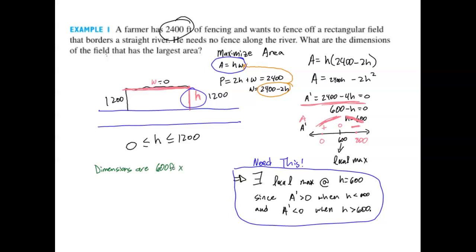By, so if h is 600, what does w have to be? 1200. You can kind of just intuit that, or you can look to this. We have this equation relating w to h. So you can just plug in 600 for h and solve for w, right? We get 1200. They don't actually ask for the maximum area, which would be those two multiplied out. They just ask for the dimension, so I'm going to stop there.